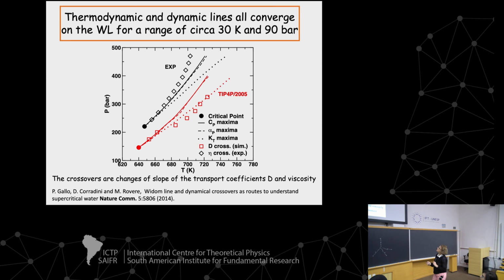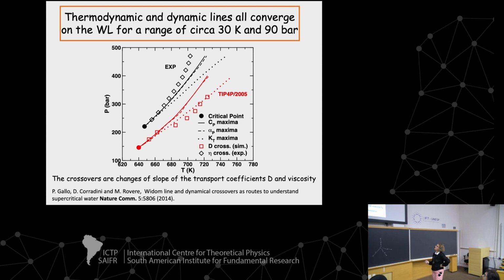The continuous lines are maxima of the constant pressure specific heat. Long dashed lines are maxima of the coefficient of thermal expansion, and short dashed lines are maxima of the isothermal compressibility.